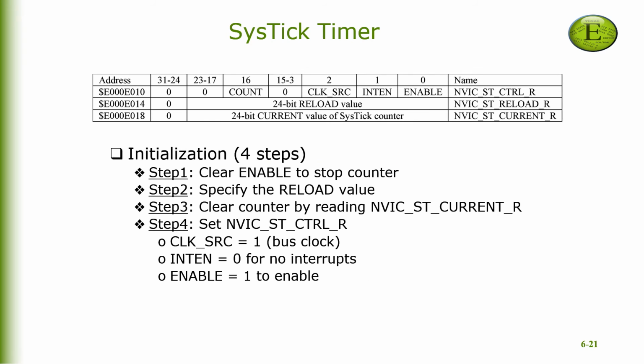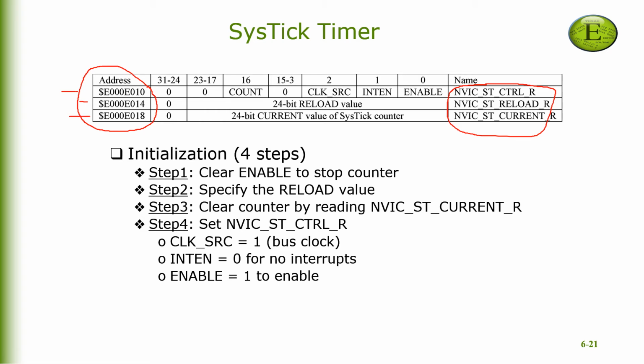Now, in order to be able to use the timer module, similar to the case of I/O port configuration registers, we have the timer configuration registers, NVIC SysTick Timer, which are memory mapped, meaning that they are stored in the memory, whose addresses are given over here.